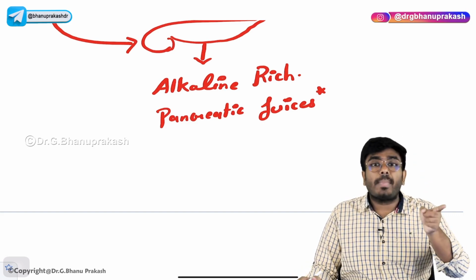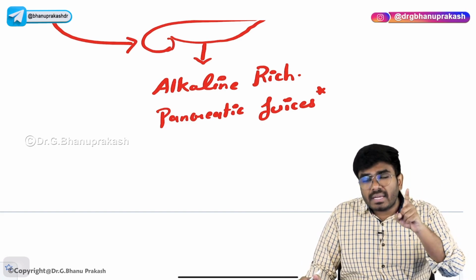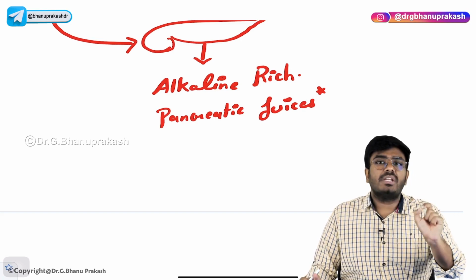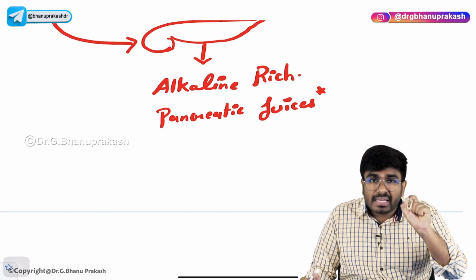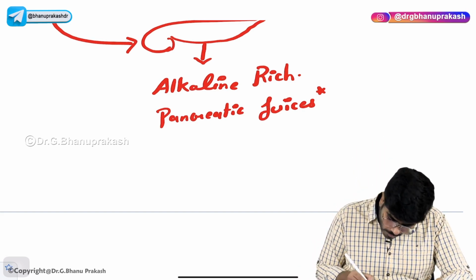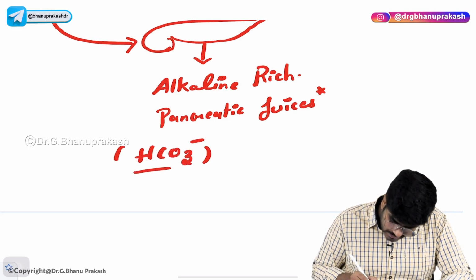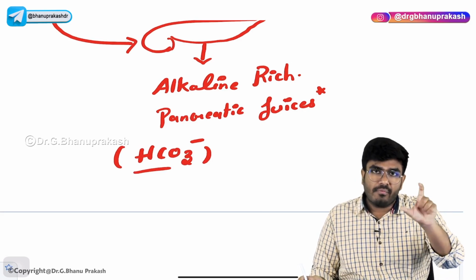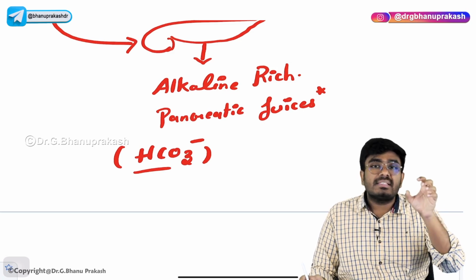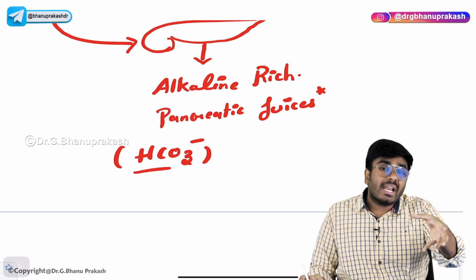Secretin, by acting on pancreatic cells, makes the pancreatic juices more alkaline, which means upon action by secretin, the pancreatic cells are throwing out more bicarbonate molecules. So here the electrolyte is nothing but bicarbonate. When secretin acts on the pancreas, it helps in putting more bicarbonate molecules, or more electrolyte secretion.